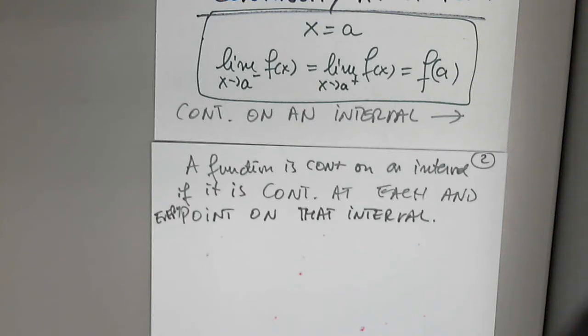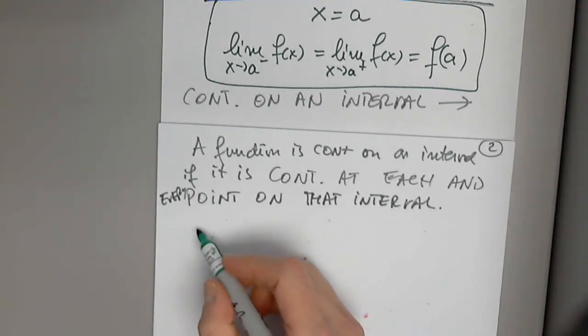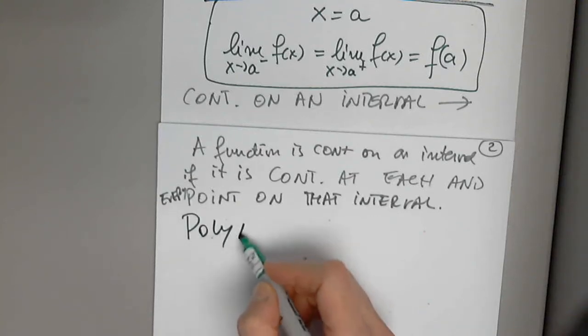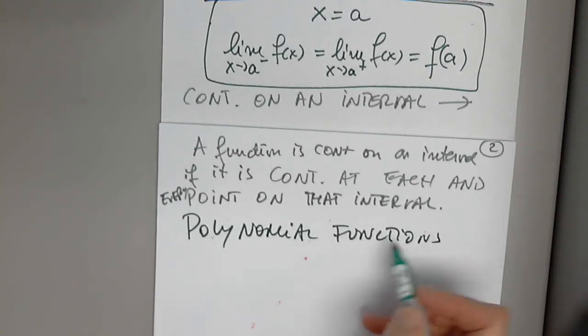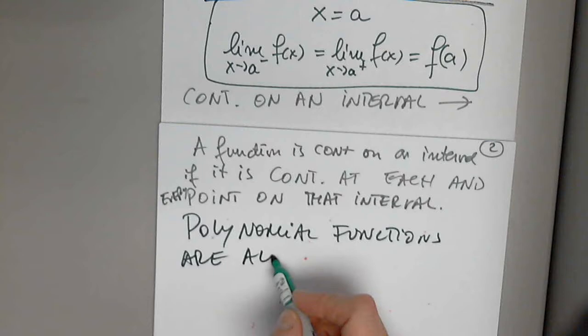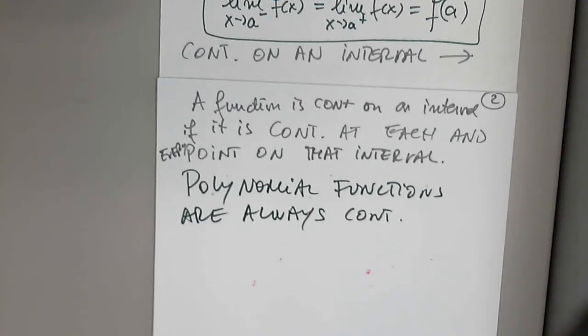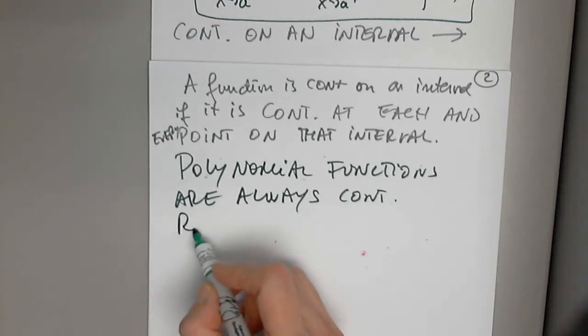Can you name a function that will always be continuous? All polynomials. Excellent. Polynomial functions are always continuous. Can anyone name another function that you know is continuous? Polynomials, these are all polynomials, quadratic, linear. Correct. What about rational functions?